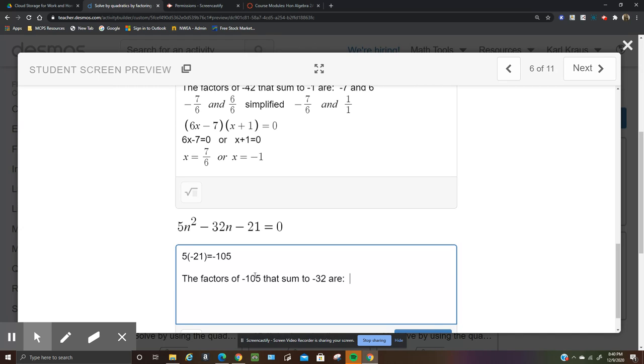Now you want to find the factors of negative 105 that give you a negative 32. So let me think here a minute.